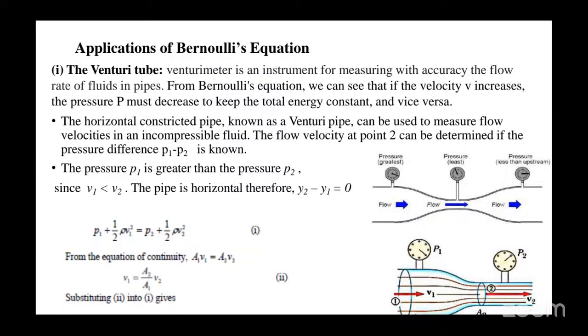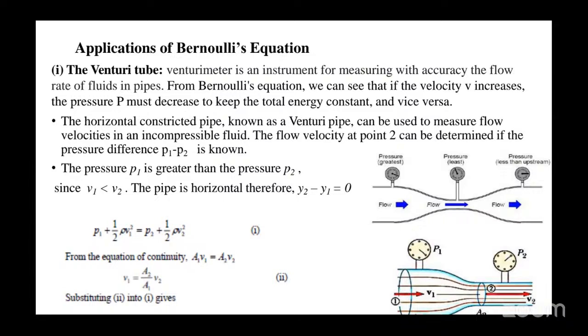And even if we don't know the speed at which the fluid is entering, we can determine the speed at which the fluid is leaving. So in that case, we are going to apply both the abbreviation of Bernoulli's equation as applied to Venturi tube and then the continuity equation. So let's look at that.